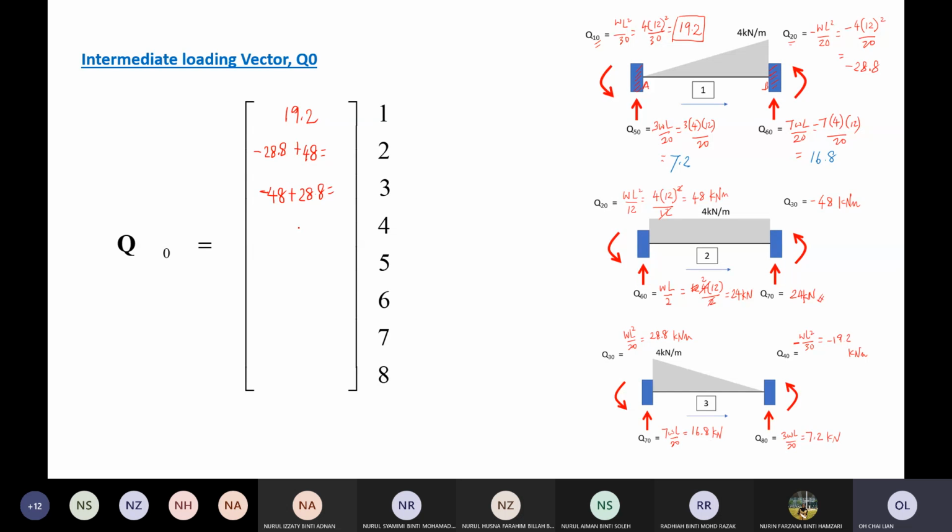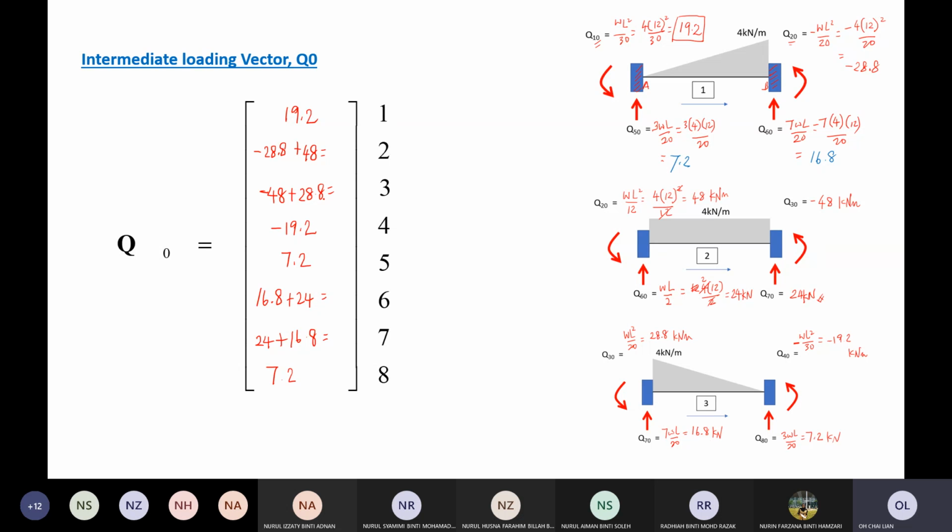Q4 not will be negative 19.2. Q5 will be 7.2. Q6 will be 16.8 plus 24. Q7 will be 24 plus 16.8. And then Q8 will be 7.2.